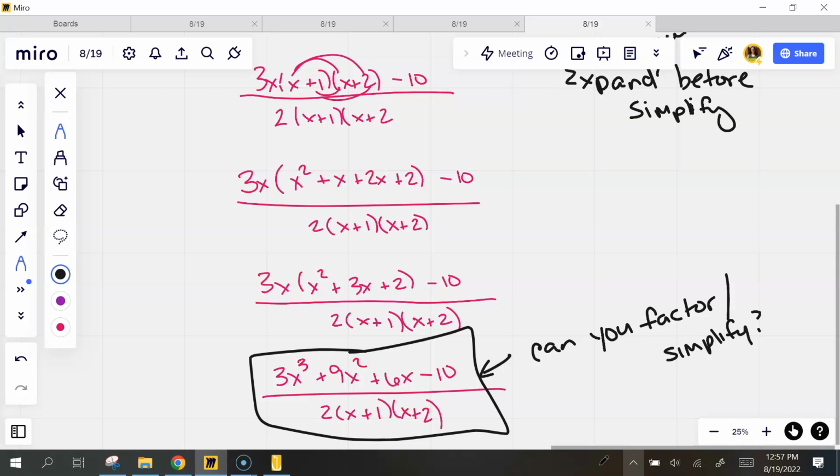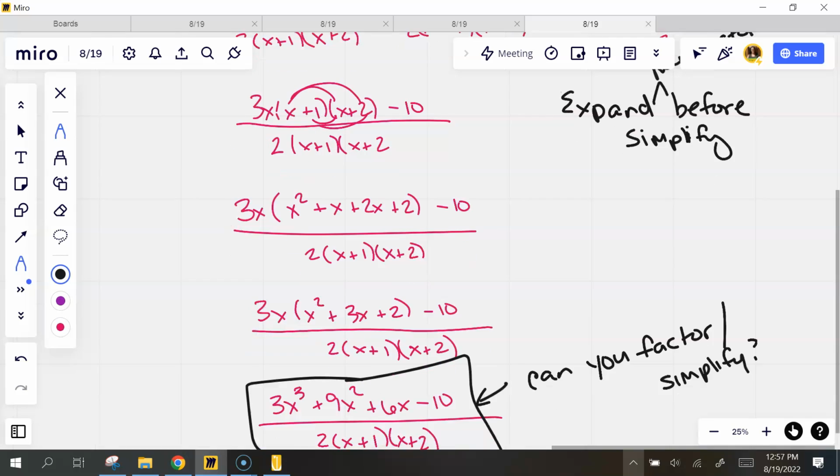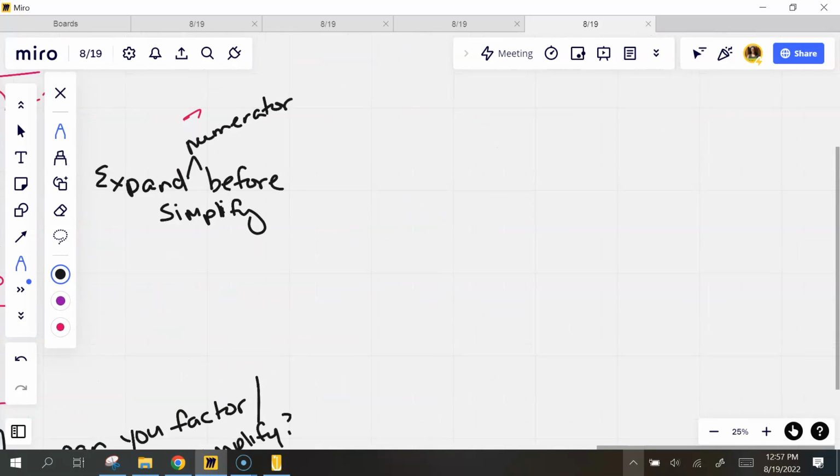Adding and subtracting is the hardest. Then we talked about complex fractions yesterday.